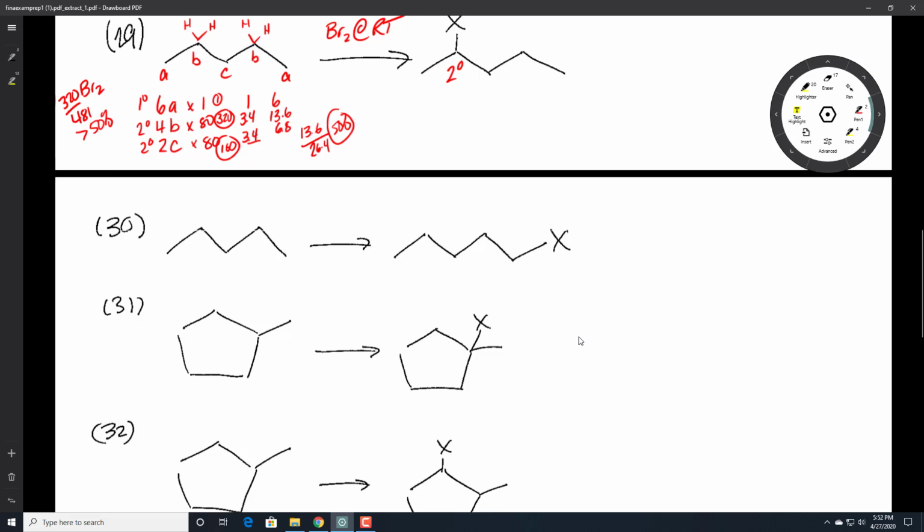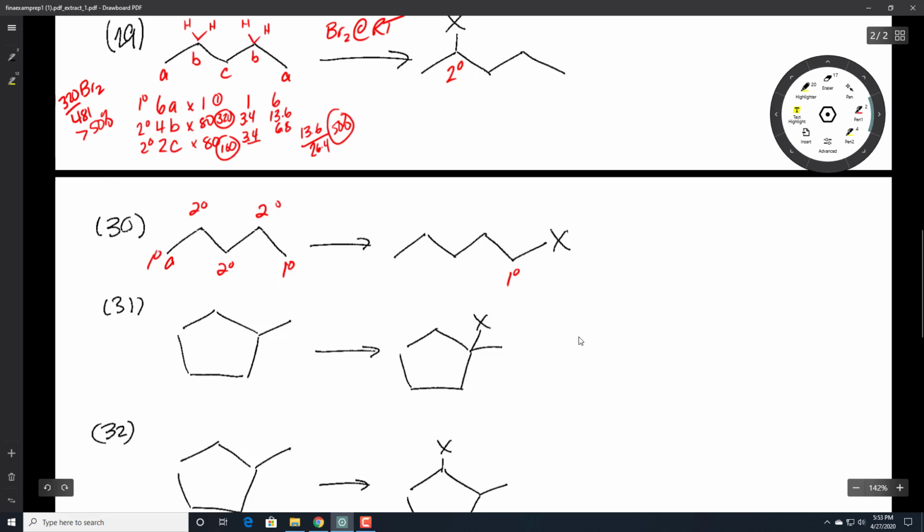If I look at the second problem, I'm wanting to halogenate at the primary position. And the only way I'm going to get the highest percent yield at the primary position over the secondaries, because again, we've got a secondary, another secondary, a third secondary, and another primary.